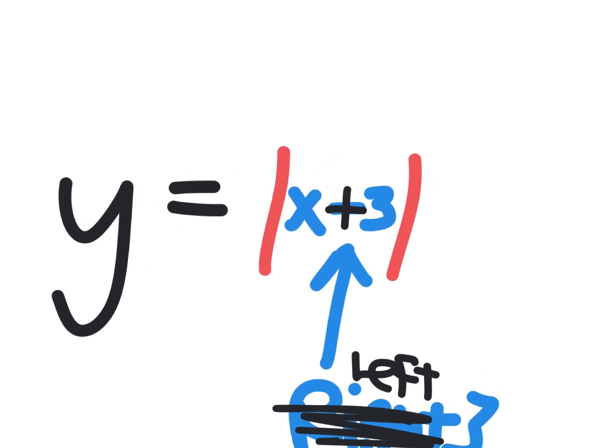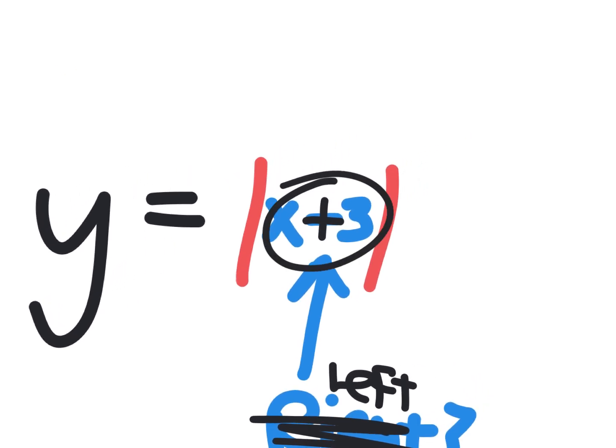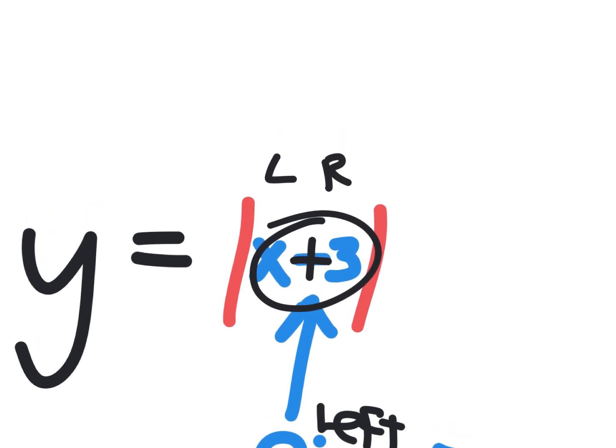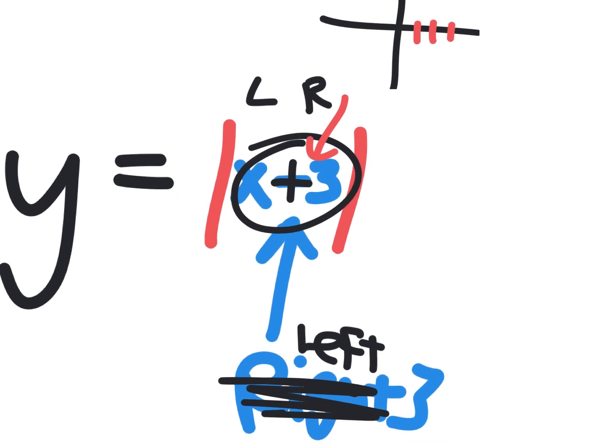You might be thinking, I thought that I had this down. Think to yourself, if I'm picking between left and right on a graph, where is positive 3? It's over there, which is to the right. So it actually goes left.